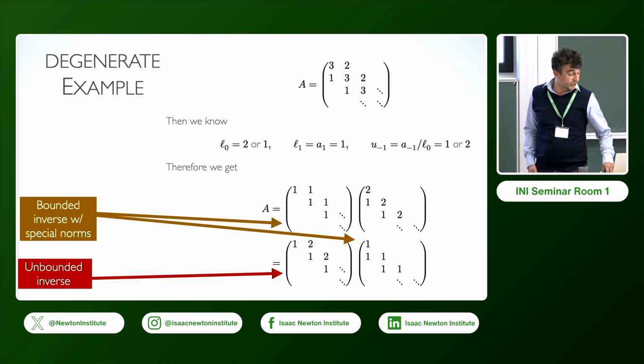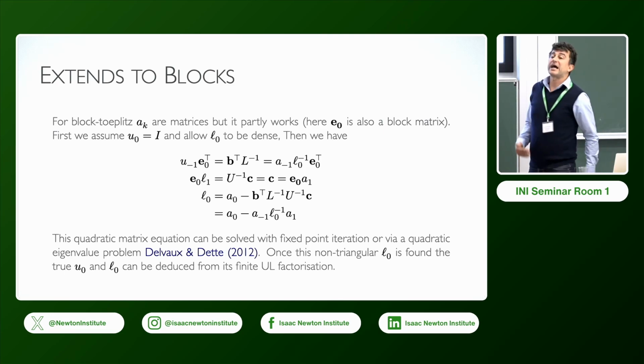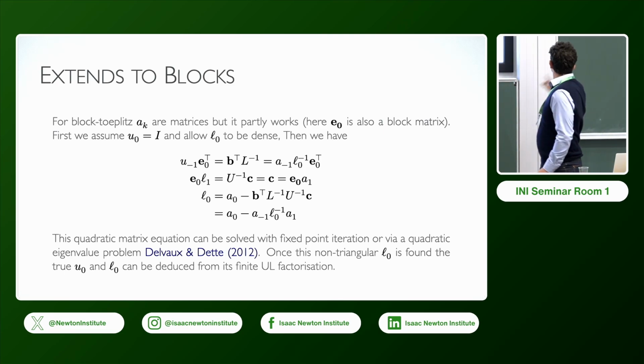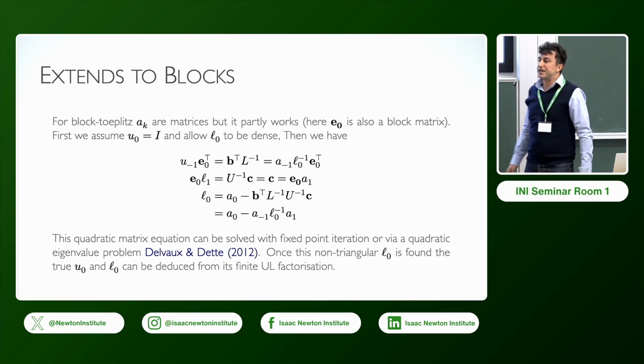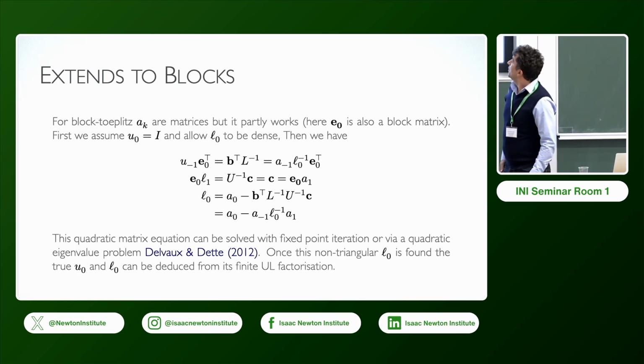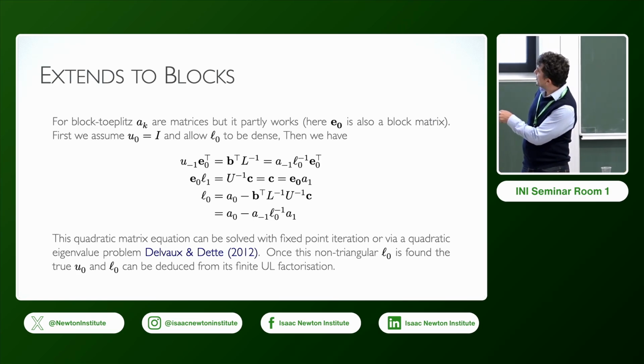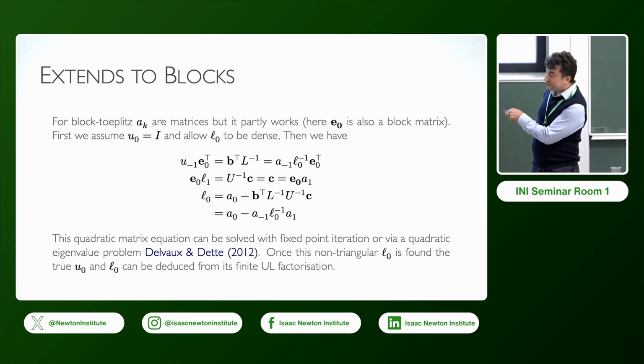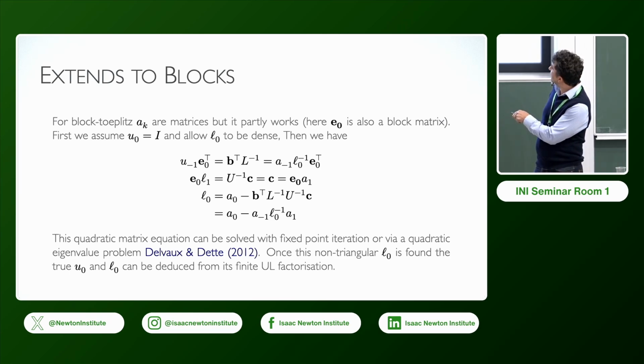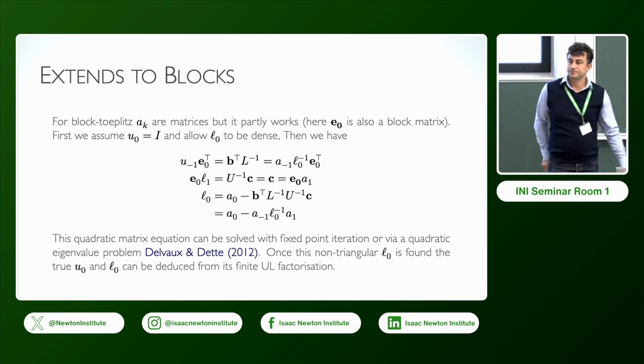We don't need to do anything numerical. The nice thing is it actually extends to the block case, so extends to the general banded Toeplitz case, because we can replace our equations, our things now are blocks, and L naught is now a matrix, and it solves what would be a quadratic equation, but now it's a matrix equation of this form.